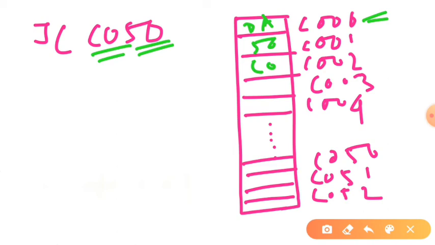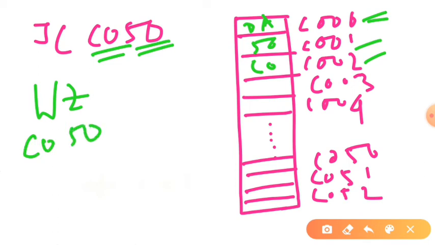Then it will read the next two memory locations C001 and C002 in order to read the target memory address where to jump, and it will store it internally in the WZ register pair, as we have already discussed. Now, at the same time it will also check the carry.